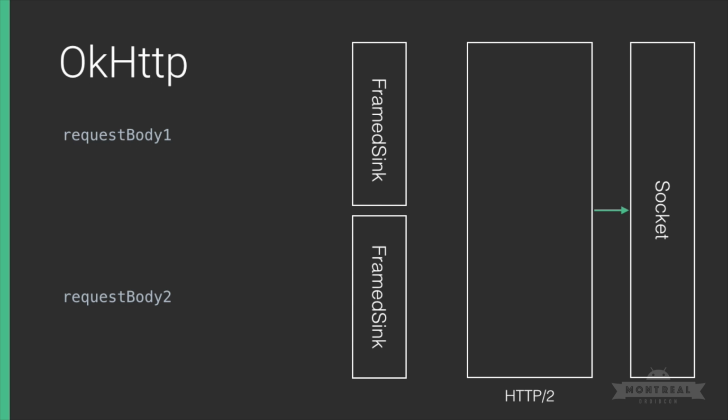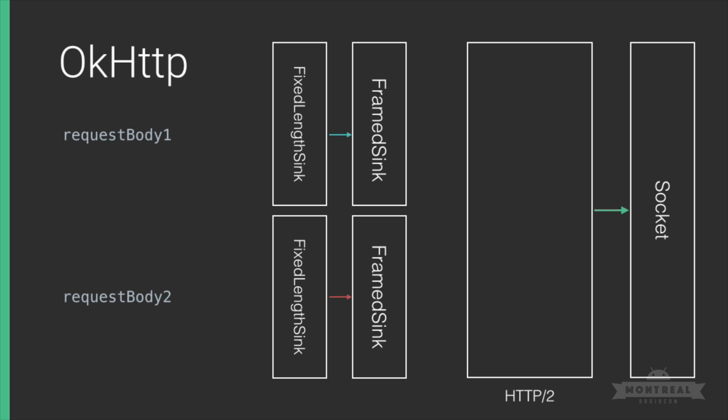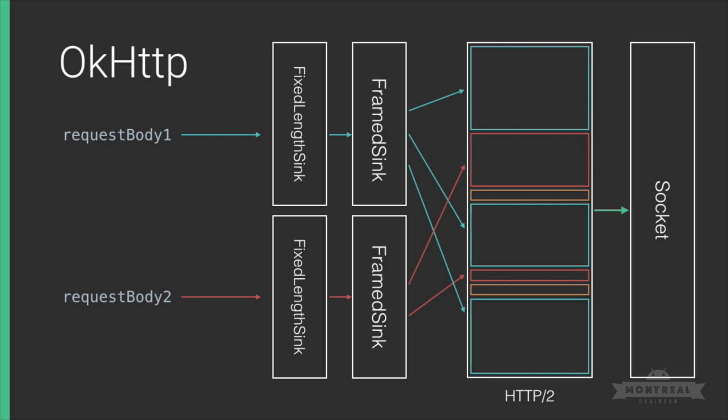We're going to put something called a framed sync. OkHttp is going to put a framed sync between you and the raw sync that talks to the socket. And then it's just going to use the same mechanisms that it used before, which is this sync that just lets you write your 3,000 characters. And without really any ceremony whatsoever, your data is going to be interleaved on the wire into these different frames automatically.